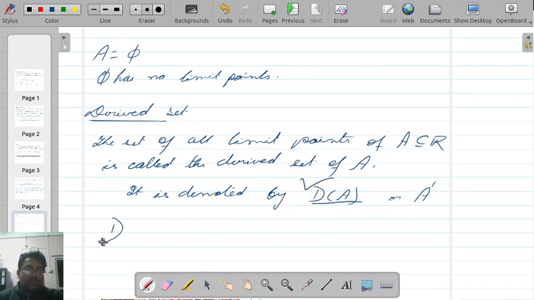So what is the derived set of phi? Just now we've seen phi has no limit points, so the derived set of phi is phi only. There are no limit points.